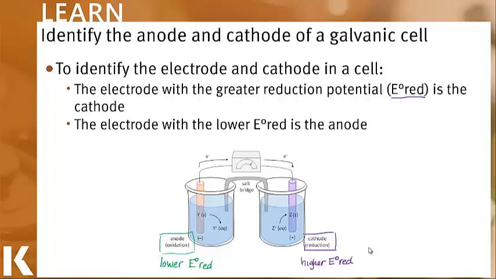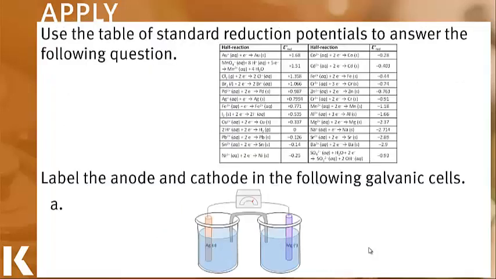Let's look at a question that gives us a chart to help us understand how we can use reduction potentials to determine the anode versus the cathode. So use the table of standard reduction potentials to answer the following question. And they want us to label the anode and the cathode in the following galvanic or spontaneous cell.